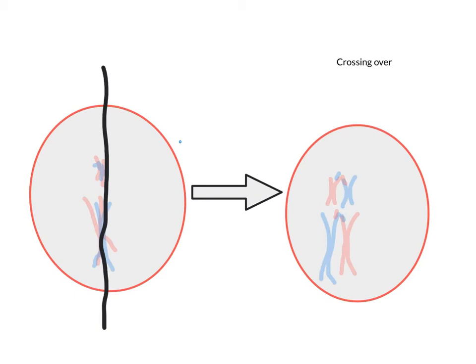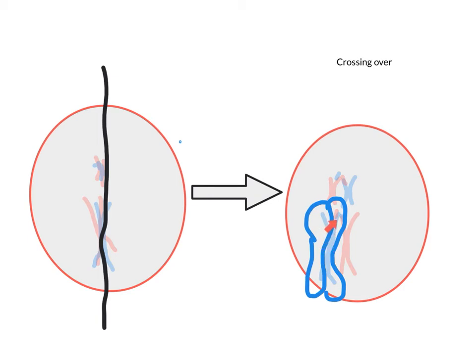And recalling that in the second stage of meiosis, each chromatid, and remember a chromatid is half of the chromosome, is going to separate to form a gamete. Now you can see after crossover that each chromatid is no longer identical.